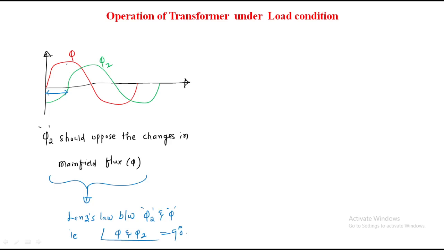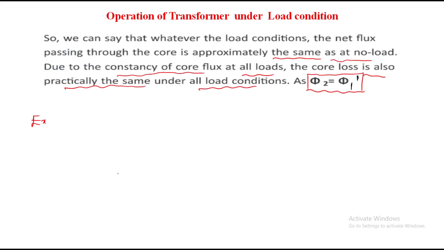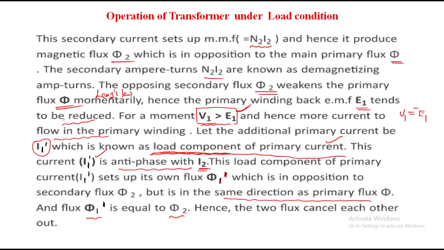First quarter cycle, right? In this first quarter cycle, that is 0 degrees to 90 degrees, what is the strength of the flux? It increases with respect to time, right? What is the statement here? What is the point here?